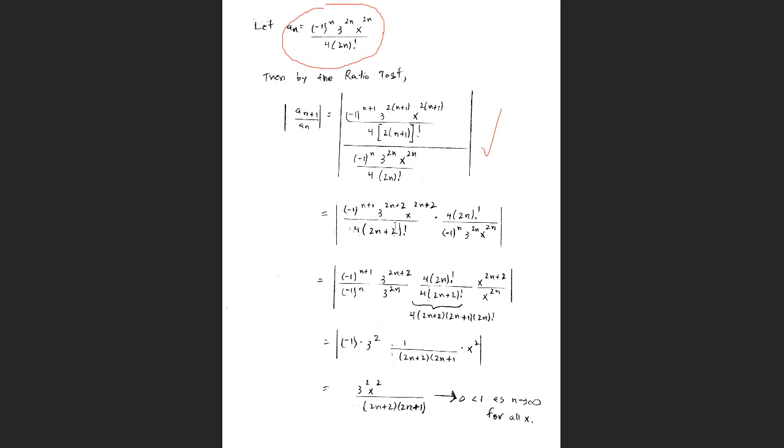The ratio test says, look at the absolute value of the ratio of the n plus first term to the nth term. We have a fraction divided by a fraction here, so I'm going to take the top fraction and multiply it by its reciprocal, which I do here. And then we group the like terms. Let me give you a moment to catch up here. Let me know if you have any questions.